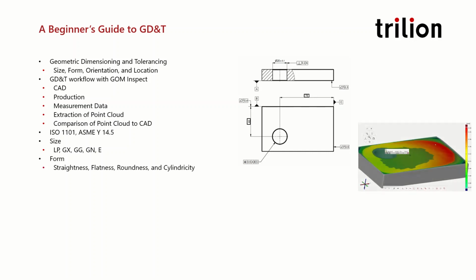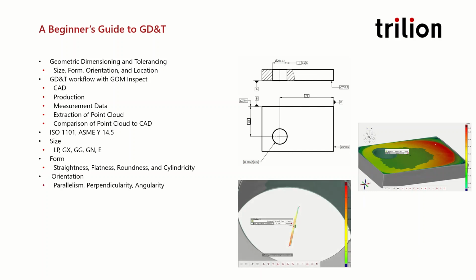Form includes straightness, flatness, roundness, and cylindricity. Orientation includes parallelism, perpendicularity, and angularity. Location includes position, TED pattern, concentricity, and symmetry. There are also 2 other features included called surface profiles, which includes line profiles and surface profiles.